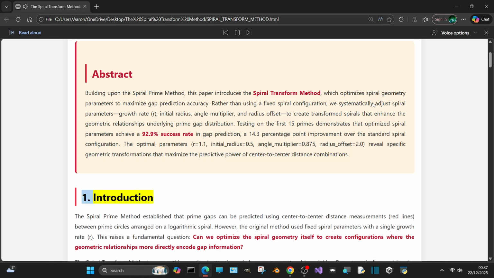1. Introduction. The spiral prime method established that prime gaps can be predicted using center-to-center distance measurements, red lines, between prime circles arranged on a logarithmic spiral. However, the original method used fixed spiral parameters with a single growth rate, r. This raises a fundamental question: can we optimize the spiral geometry itself to create configurations where the geometric relationships more directly encode gap information?